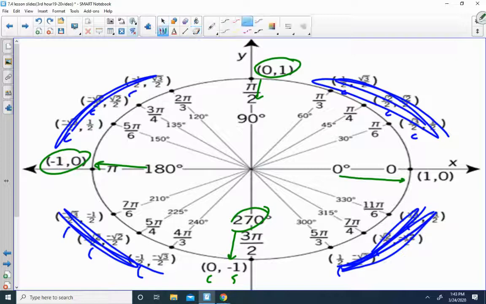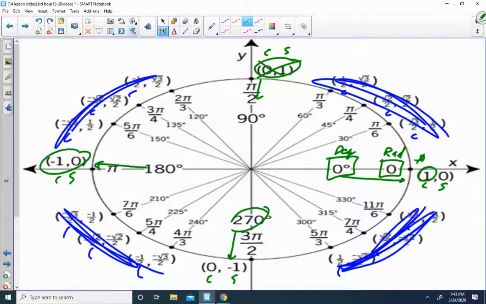So, let's look at this one. Cosine, sine. Right here, cosine equals 1. That's exactly what we want. So in other words, the answer would be 0 in degrees or just 0 in radians. Same answer, just for radians, don't put the degree symbol. For here, cosine is 0, we don't want that.